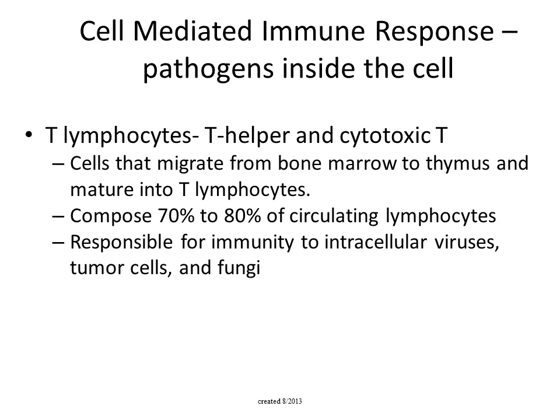We have two different types of T lymphocytes: the T helper cells, also known as CD4 cells, and the cytotoxic T cells, or the CD8 cells. They are responsible for infections that have gotten inside the cell, things like intracellular viruses like AIDS, tumors, and fungus.